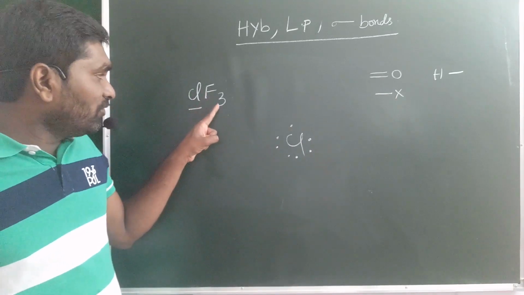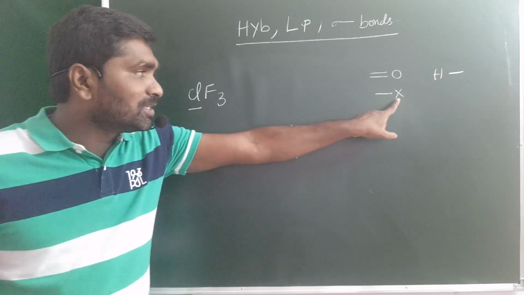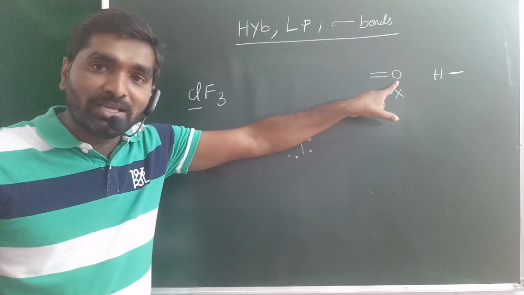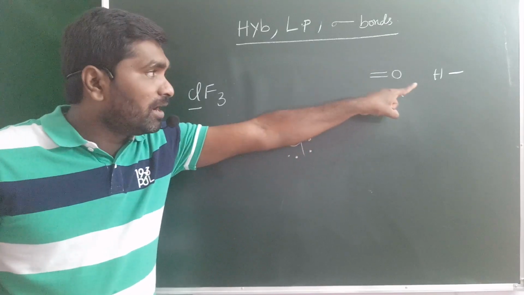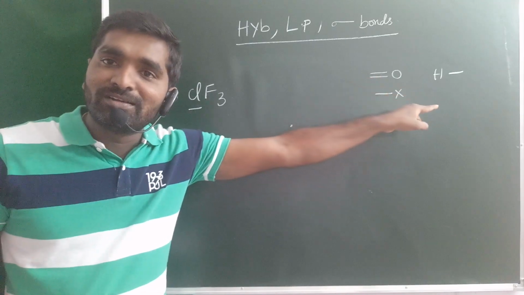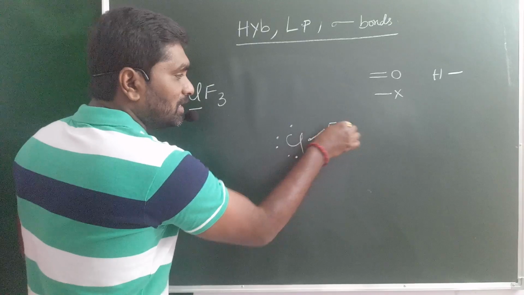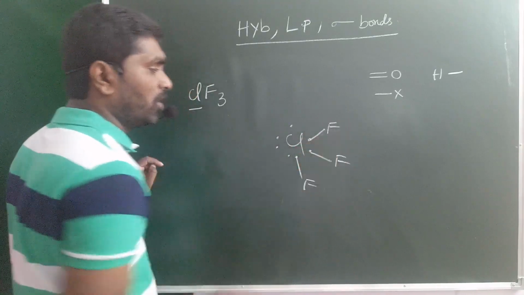The 3 fluorine atoms form 3 sigma bonds, because halogens form only single bonds.